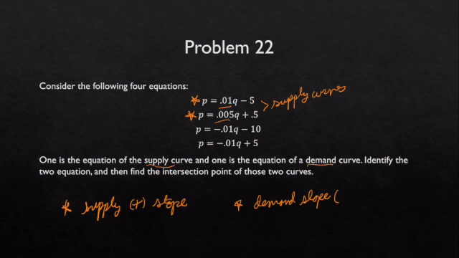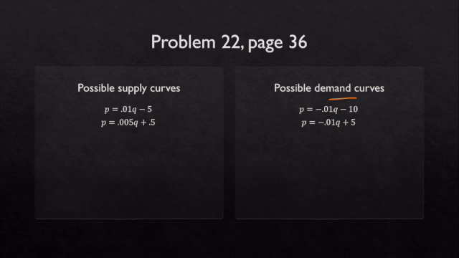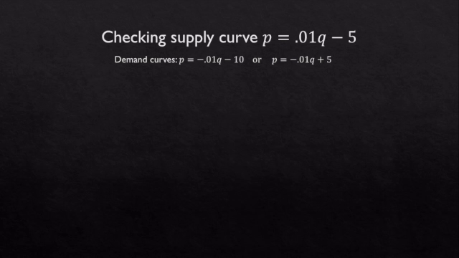Now I'm trying to find a point of intersection for them. So what I'm going to do is I'm going to need to play around, right? One way we solve systems of equations like this is by setting our equations equal to each other. So let's take a look at our first supply curve. So I have my supply curve and I have my two demand curves.